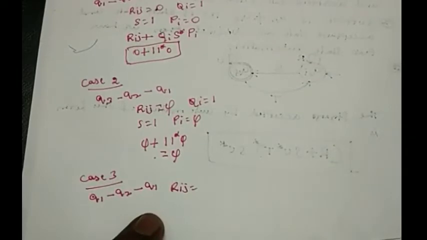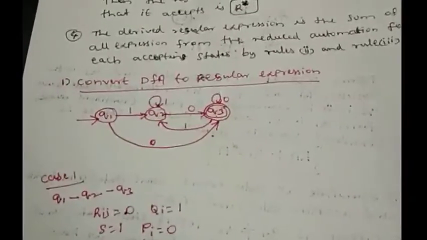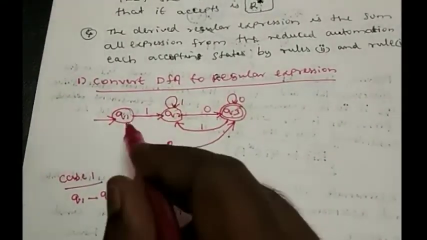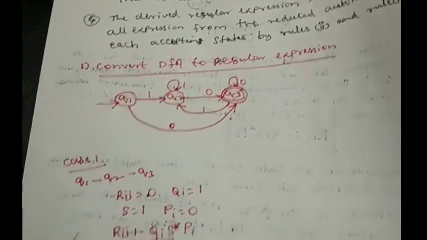If this is the case, for Rij, is there any edge from Q1 to Q1? Q1 is the predecessor and the successor is also Q1. In this diagram there is not any edge from Q1 to Q1, so Rij is pi.